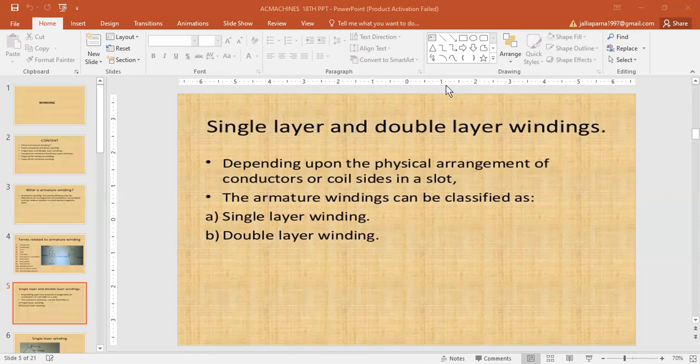Obviously, commutator pitch is equal to the number of bars between coil leads.